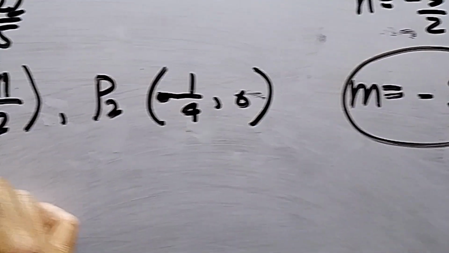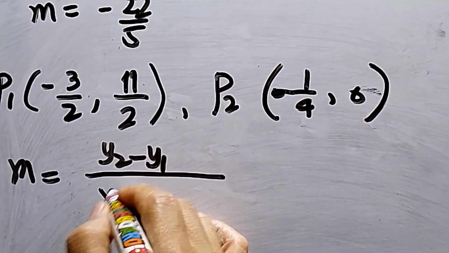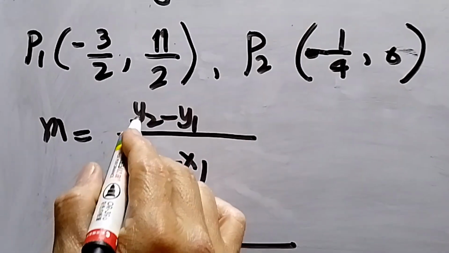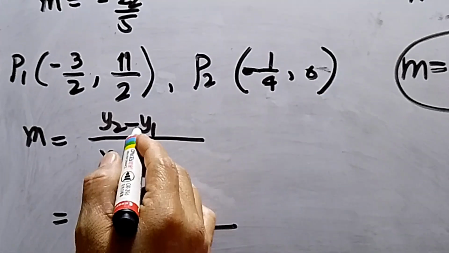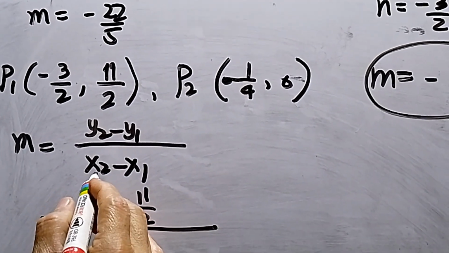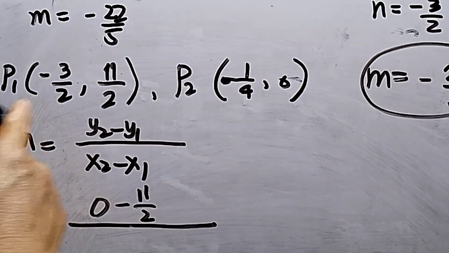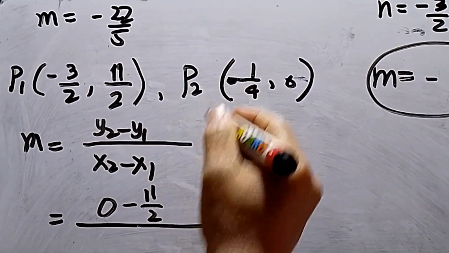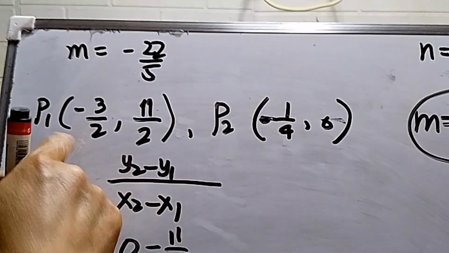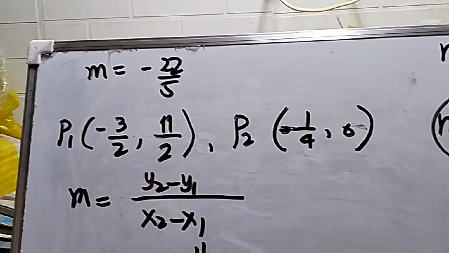Using the slope formula, y2 minus y1 over x2 minus x1: y2 is 0, y1 is 11 over 2, x2 is negative 1 over 4, then x1, minus minus, this will be plus 3 over 2.